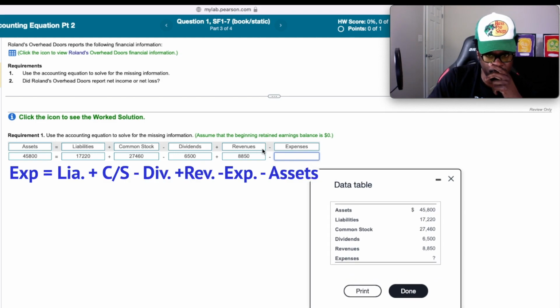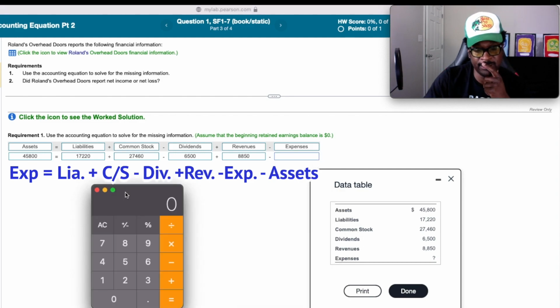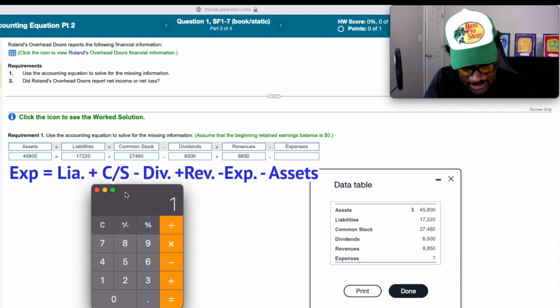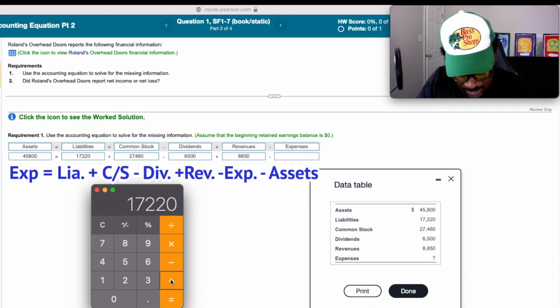So if this holds true to the accounting equation, we could simply find our expenses by transposing it to the left side, since it's being subtracted, and transpose assets to the right side. So we would subtract assets, right? So if we get our trusted calculator, basically we would take our liabilities, which is 17,220. We're gonna add our common stock, which is 27,460.